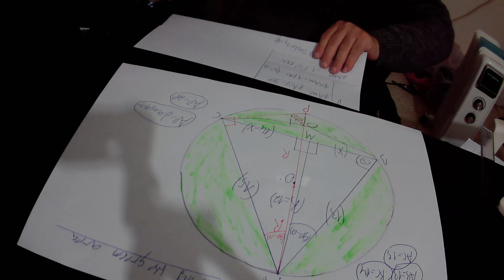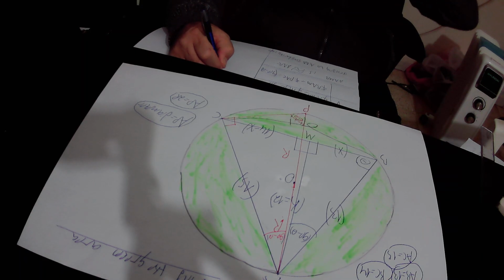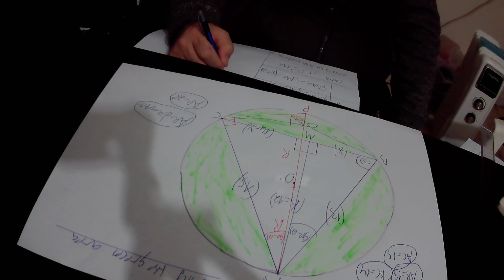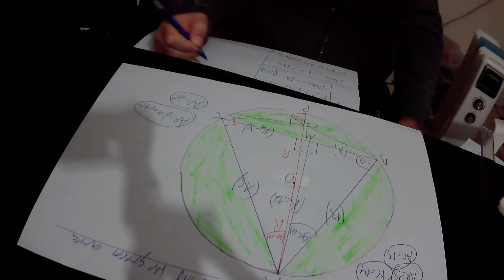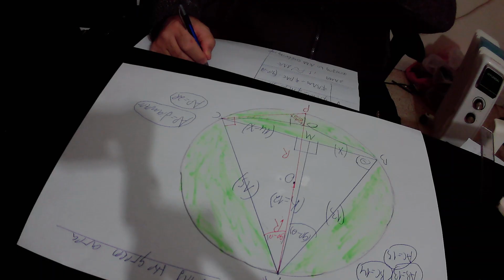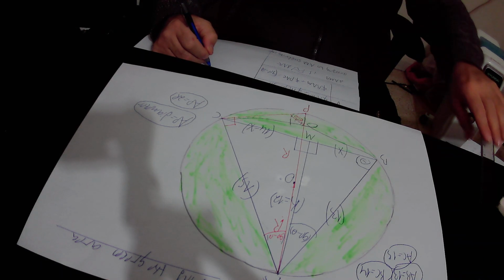AB is 13 over AP. AP is the diameter of the circle that is equal to 2R. And it is equal to AM. AM is 12 over AC, that is 15.